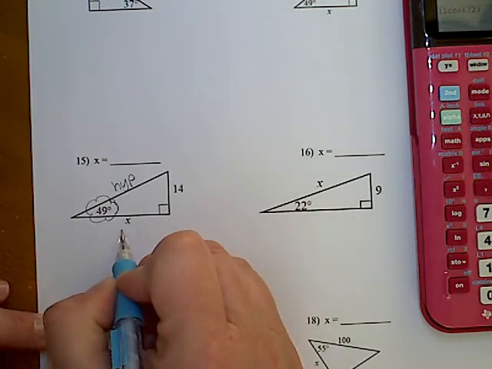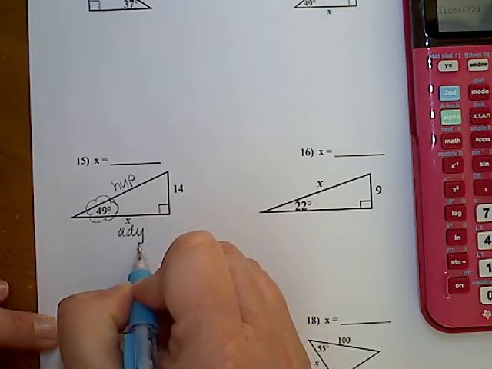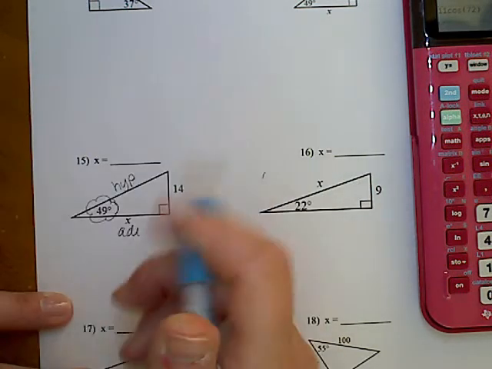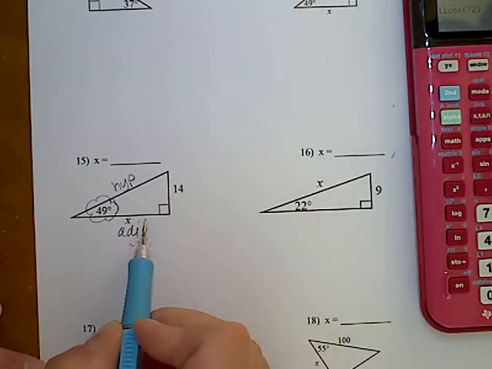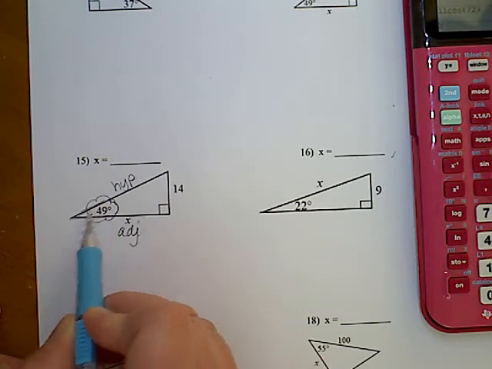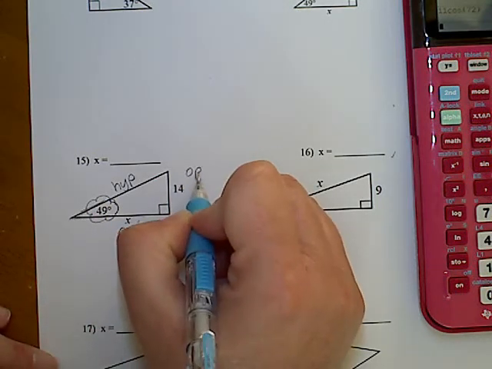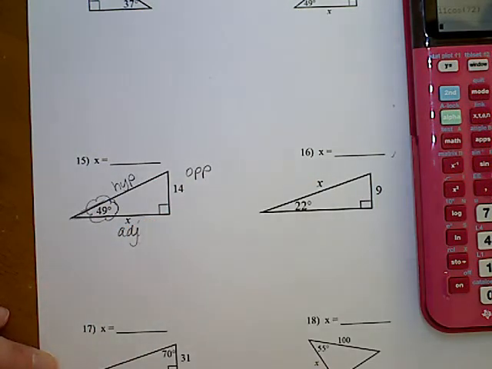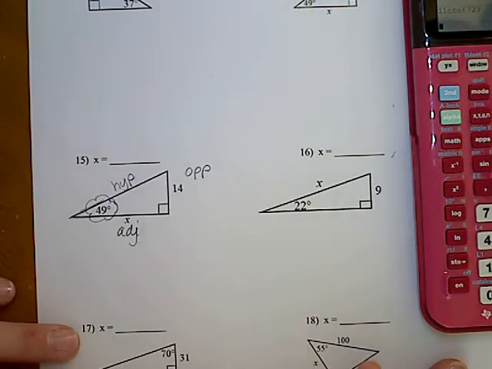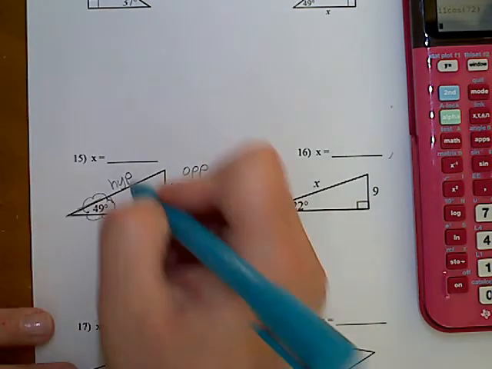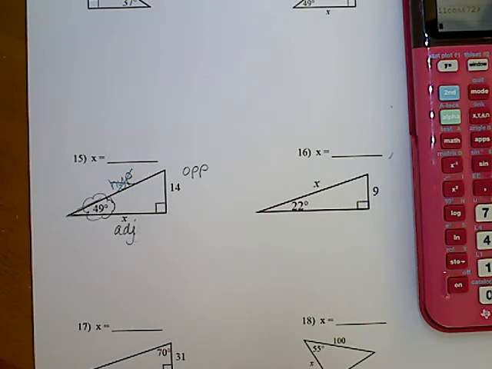This is our adjacent side, because the adjacent and the hypotenuse create that right angle, which means this is opposite. Which is the side length that has no information on it, no variable, no number? That's the hypotenuse. Cross it off.